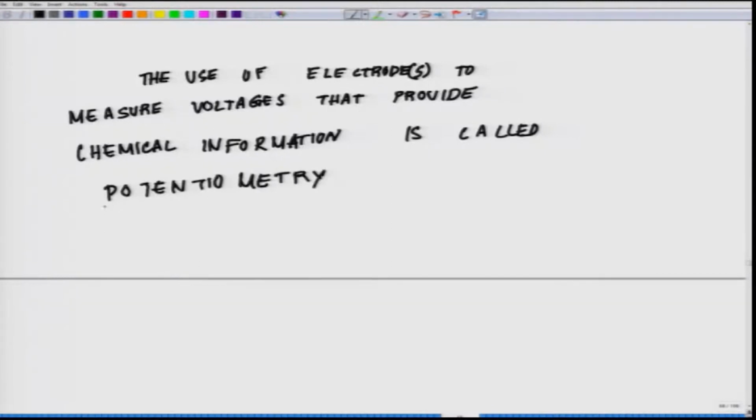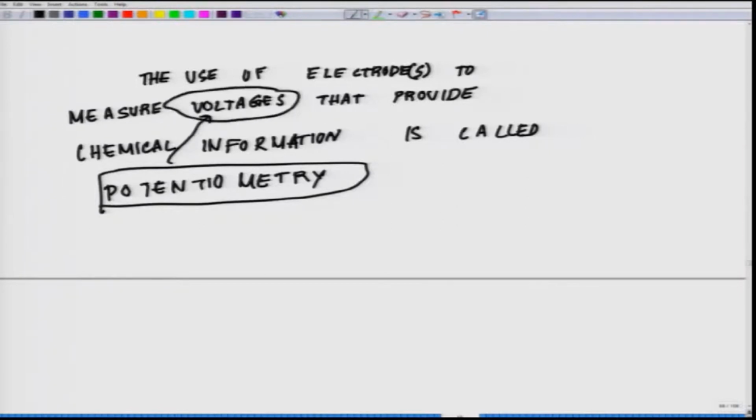So, anything pertaining to potential or anything pertaining to measurements of voltage is called potentiometry.